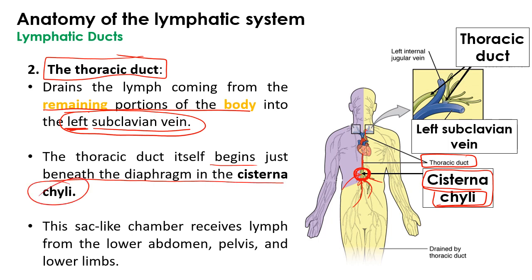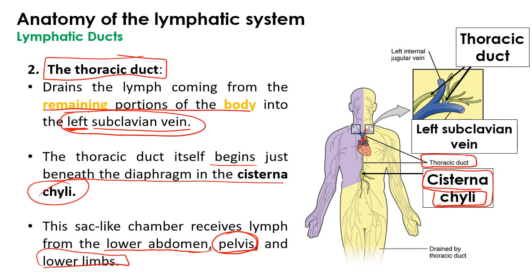The cisterna chyli, as you can imagine, will drain all the fluid that comes from the lower abdomen and pelvis. That means all the organs in the pelvis. All the fluid from those tissues will drain into the cisterna chyli, and also from the lower limbs. Now, we talked about the lacteals, the lymphatic vessels.